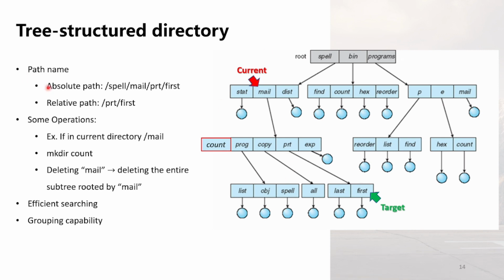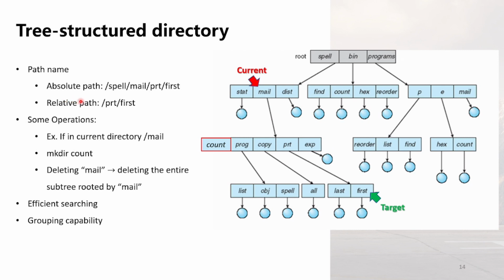Let's talk about path names first. We have 2 types here: absolute path and relative path. Assume that mail is our current directory and first is our target directory.